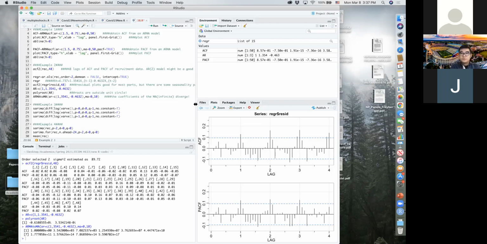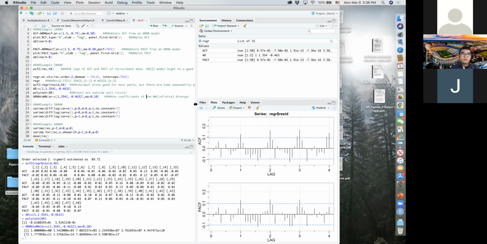So from here, you can observe a couple of things. First, this might not be a very good model, even though it is a very good starting point judging by the ACF and the PACF plot. But if we fit this model with the software, we find that it is actually not a valid ARMA model. The coefficients are not valid.